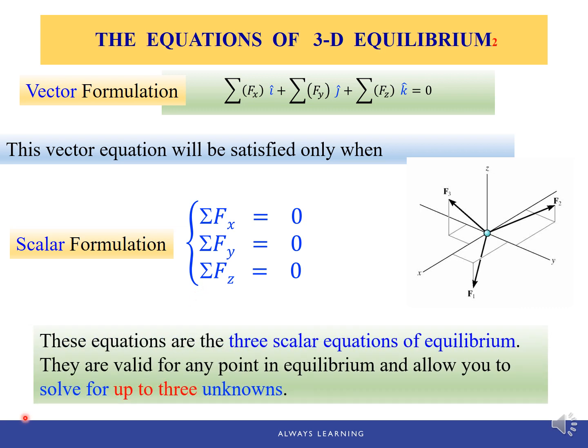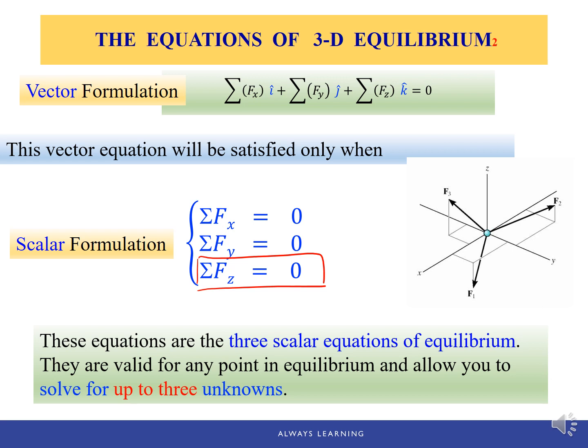So if you compare this set of equations with the equations we learned from last lecture, the 2D equilibrium, the only difference is we have one additional equation, which is sigma Fz equal to 0. In 2D, we don't have the third dimension, usually the z-axis or the z component.